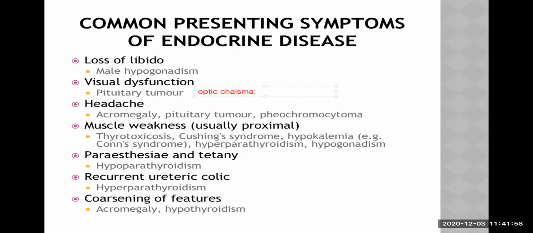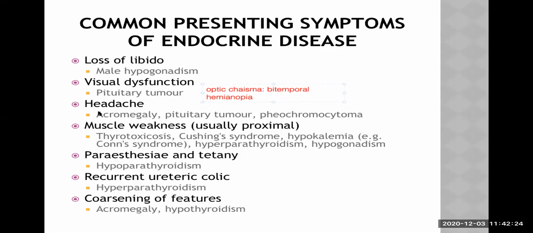And if this optic chiasma is compressed, the person will have bitemporal hemianopia. Very important question in the exam. Only the temporal side of the visual field is lost, on both sides.